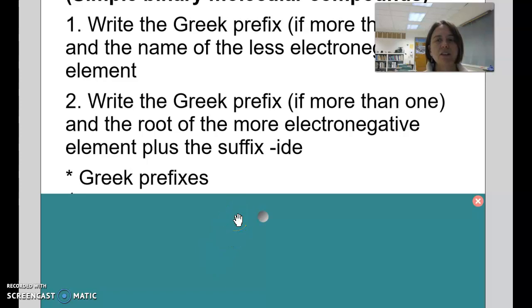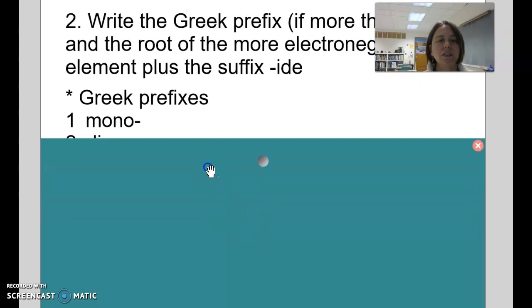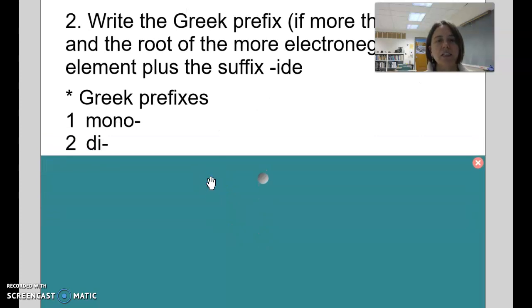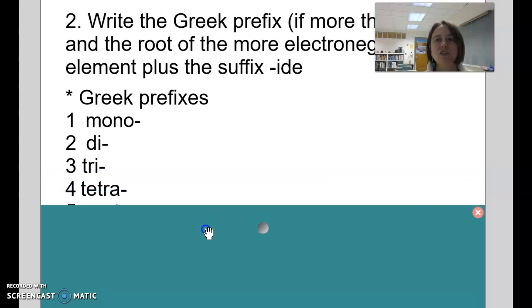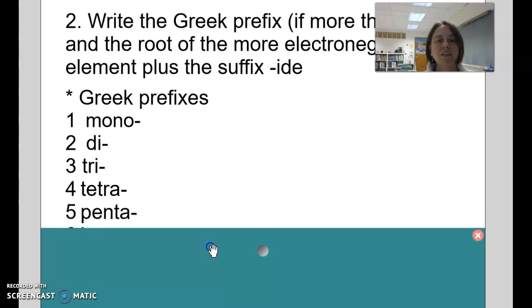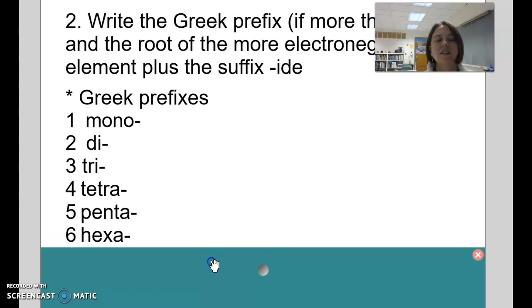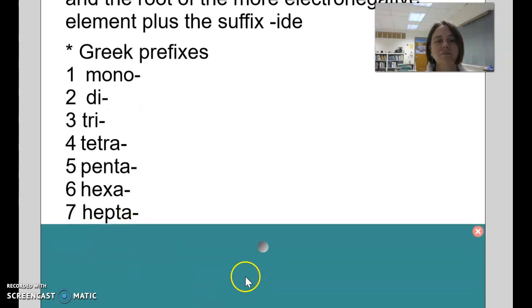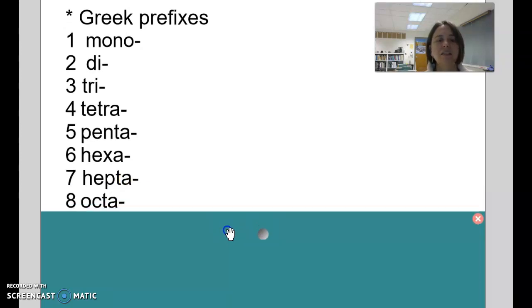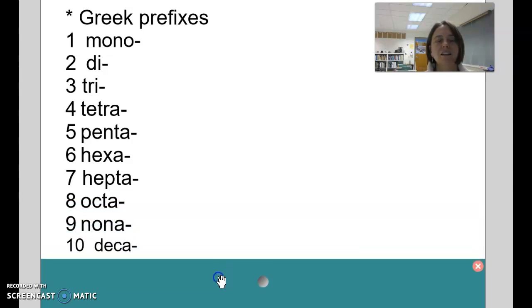Okay, so Greek prefixes. 1 is mono, 2 is di, 3 is tri, 4 is tetra, 5 is penta, 6 is hexa, 7 is hepta, which is a little bit more challenging one because you don't see that in geometry. 8 is octa, 9 is nona, and 10 is deca.